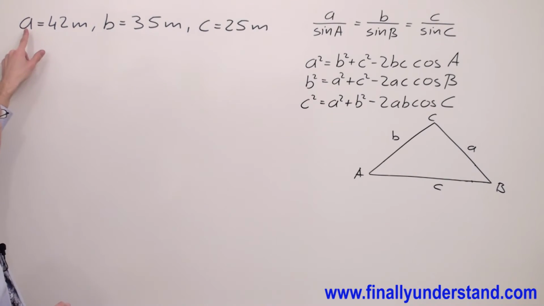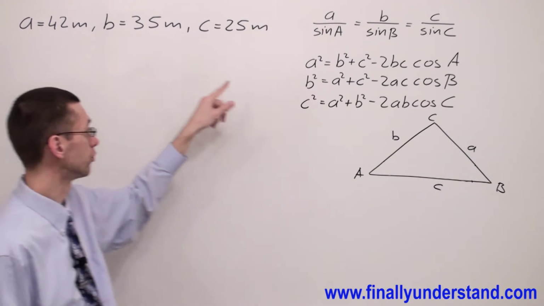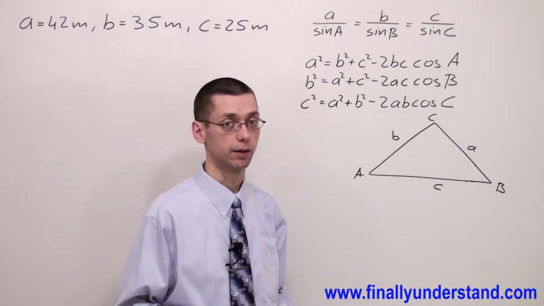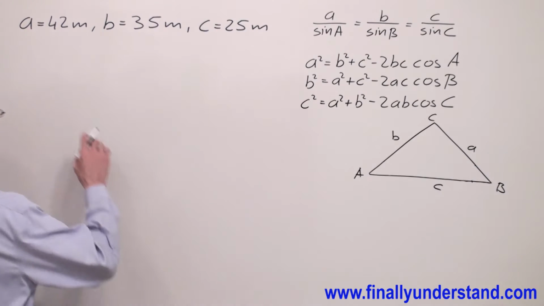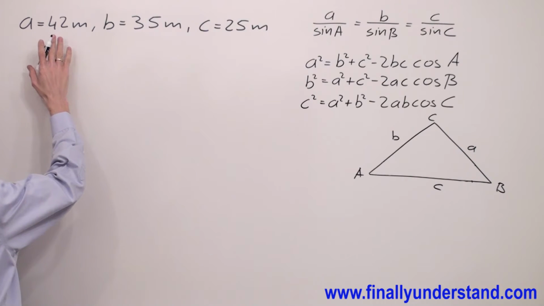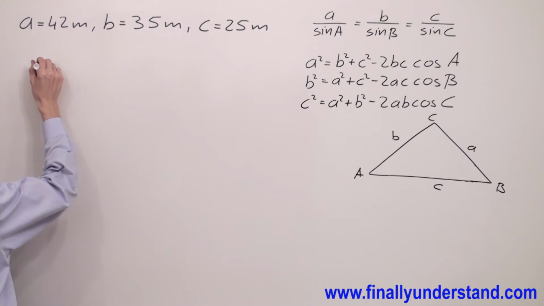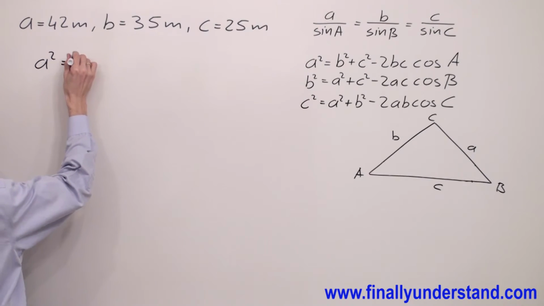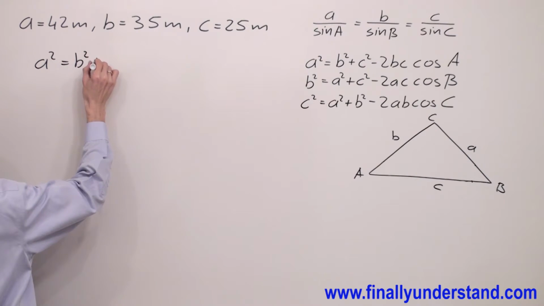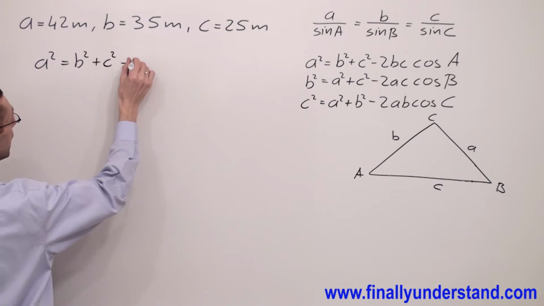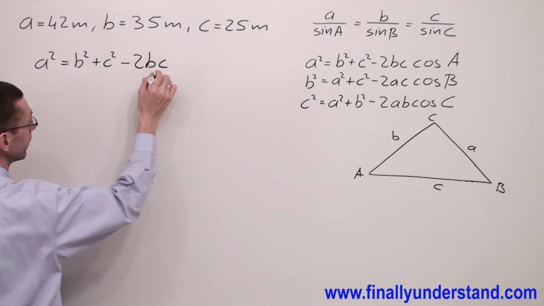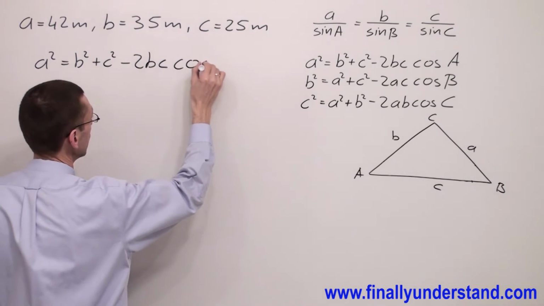So if I have given side A, I'm supposed to find angle A. Remember, you have to start always from the longest side. So we have A square is equal B square plus C square minus 2BC cosine of angle A.